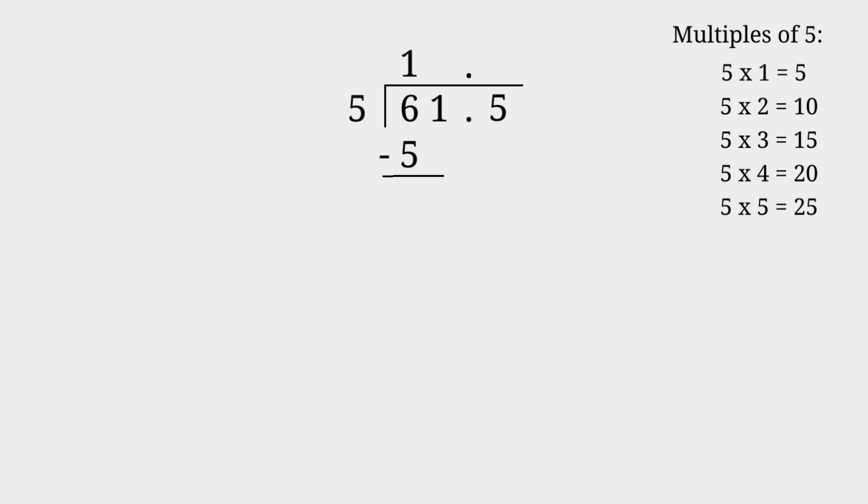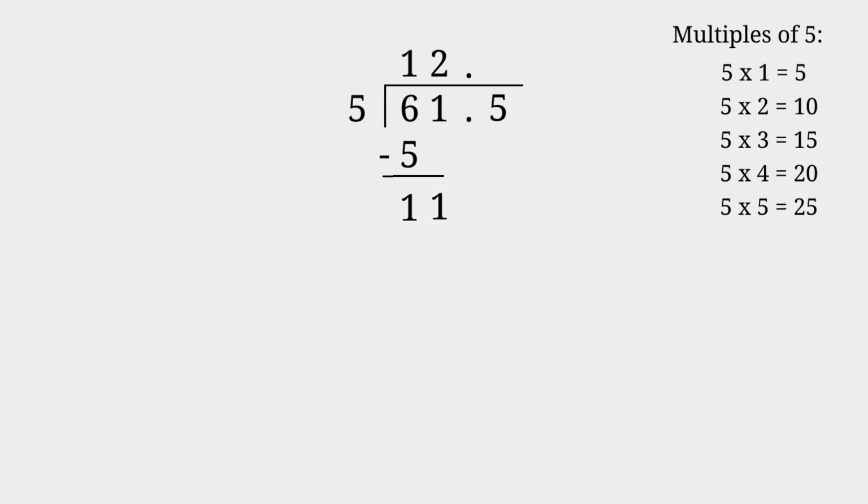Subtract 5 from 6 to give you 1. 5 does not go into 1, so you need to borrow a value. Borrow the number next to the 6, which is 1, and bring it down to make 11. 5 does go into 11. It goes into 11 2 times, so write 2 above the division symbol.